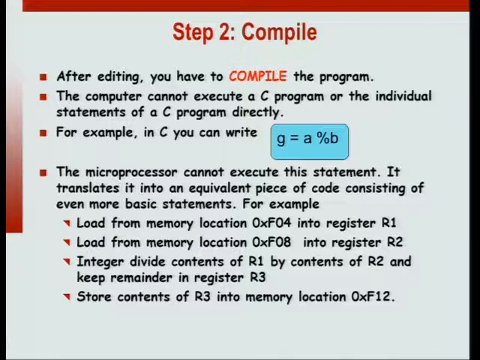But a statement like G = A%B can be translated into a bunch of statements saying: load data from a particular memory location into a particular register, load the second piece of data from another memory location into a second register, divide the contents of these two registers, store the remainder in a third register, and then finally take the result and store it into a third memory location. So the simple statement that we wrote, G = A modulo B, becomes a bunch of basic statements that the microprocessor can understand, and then it executes these statements.